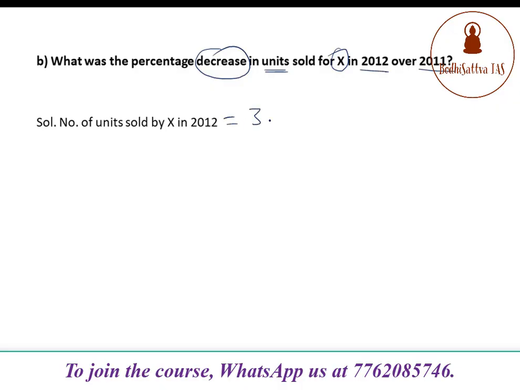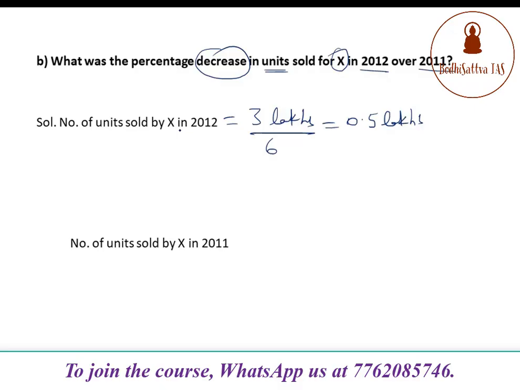Sales was 3 lakhs and unit price was rupees 6. So if we divide, we will get 0.5 lakhs. So 0.5 lakhs units were sold by company X in 2012.